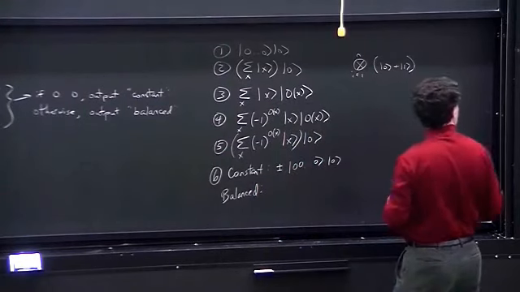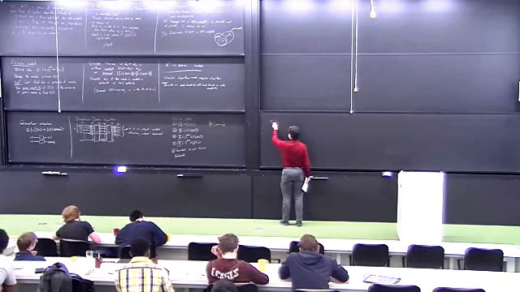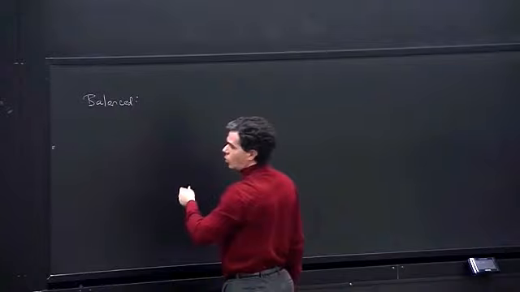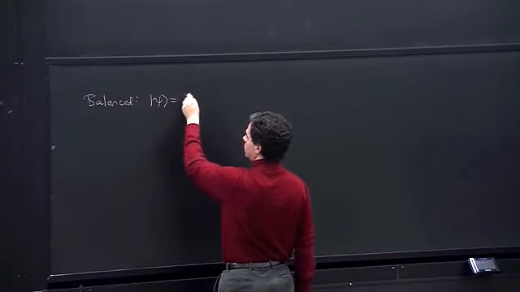OK, maybe this one I should move on to the other blackboard, since it needs a little more space. So what do we have in the case of balanced? Well, let's call this state that we have here psi.